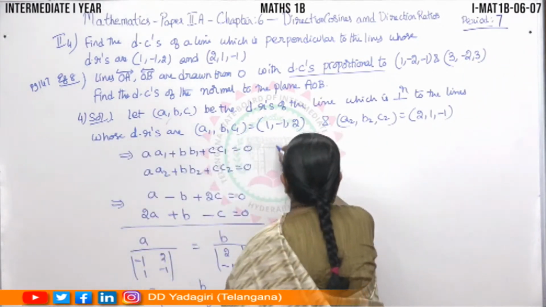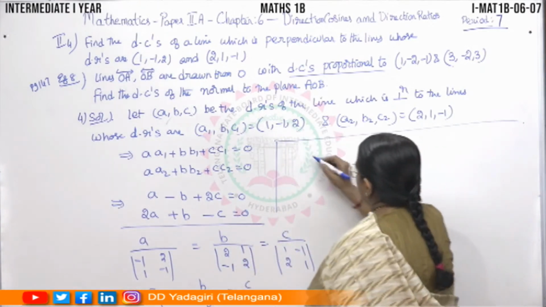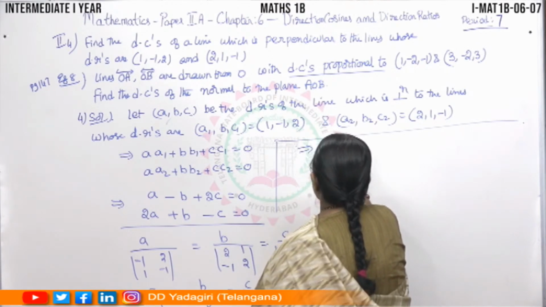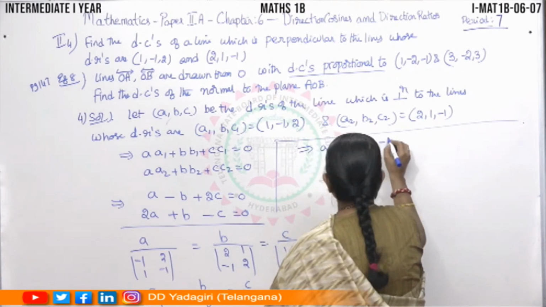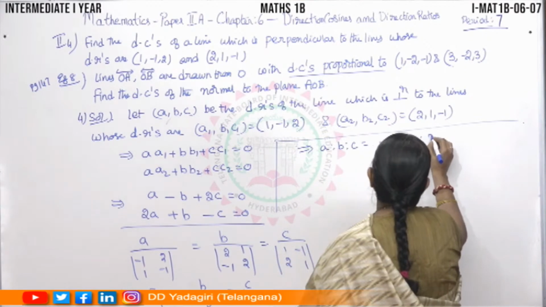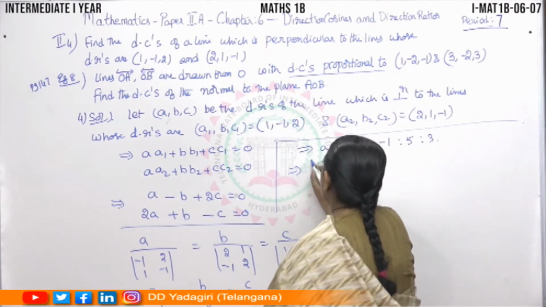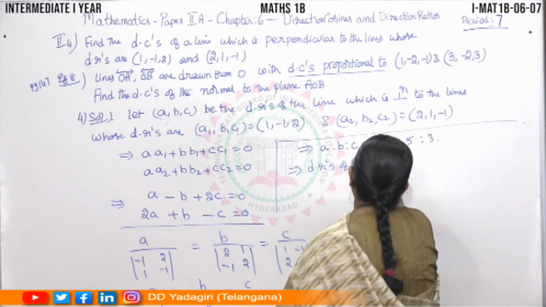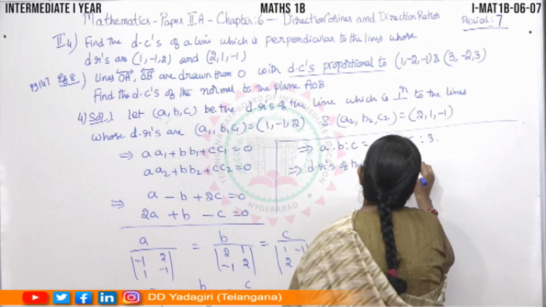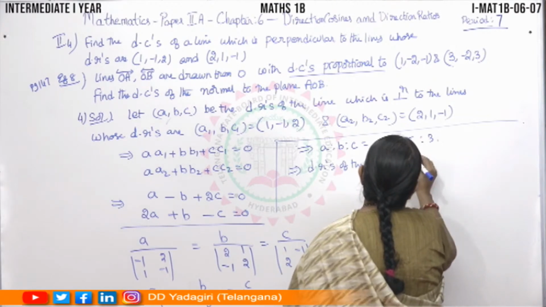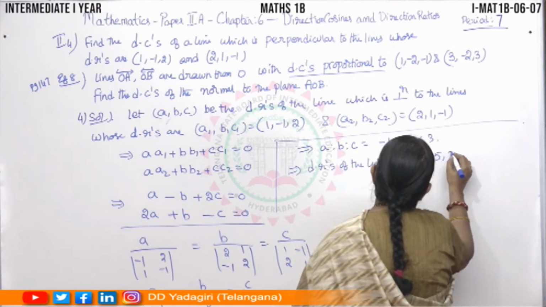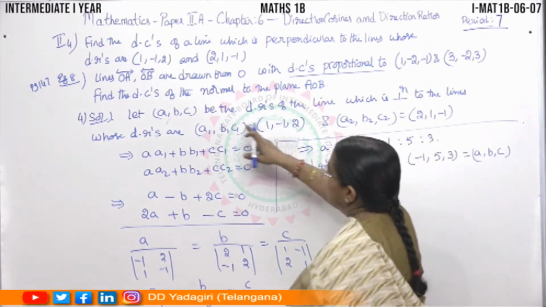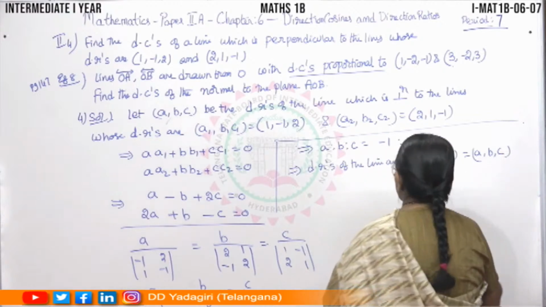Therefore A is to B is to C is equal to -1 is to 5 is to 3. That means the direction ratios of the line are -1, 5, 3. These are our A, B, C, which we assumed as the direction ratios of the line.